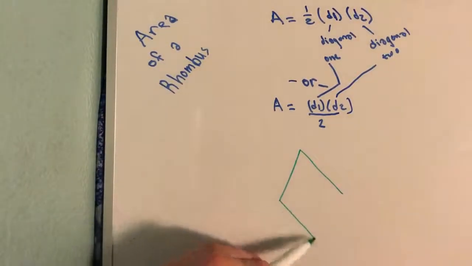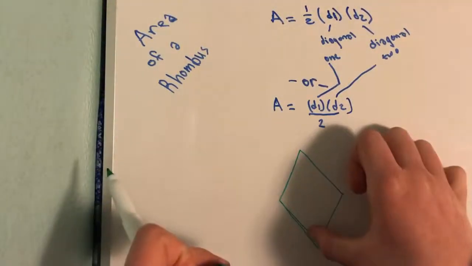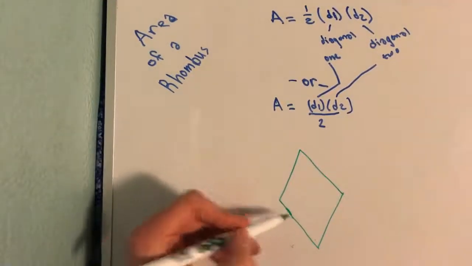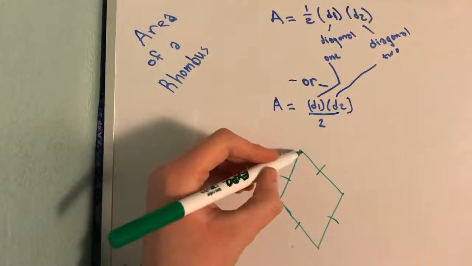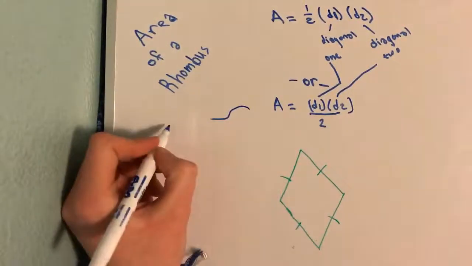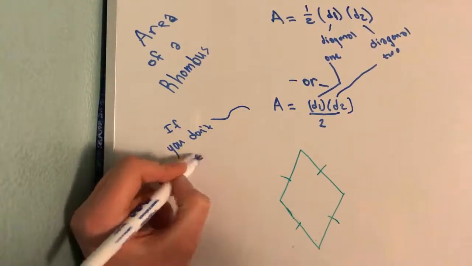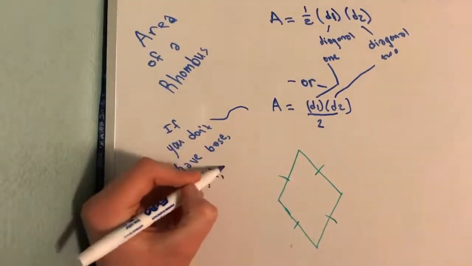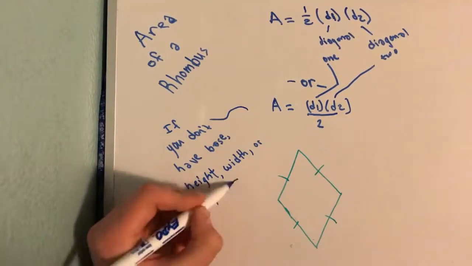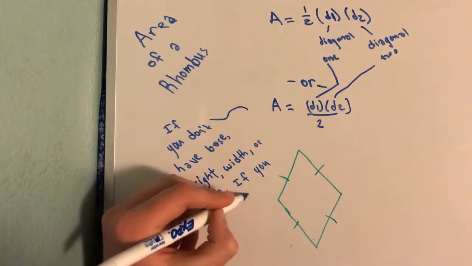Area of a rhombus. Area equals 1/2 diagonal 1 times diagonal 2, or area equals diagonal 1 times diagonal 2 divided by 2. This is, of course, if you only have the diagonal measurements. If you have the base, height, width, or length, then you can do area equals base times height, or area equals length times width.